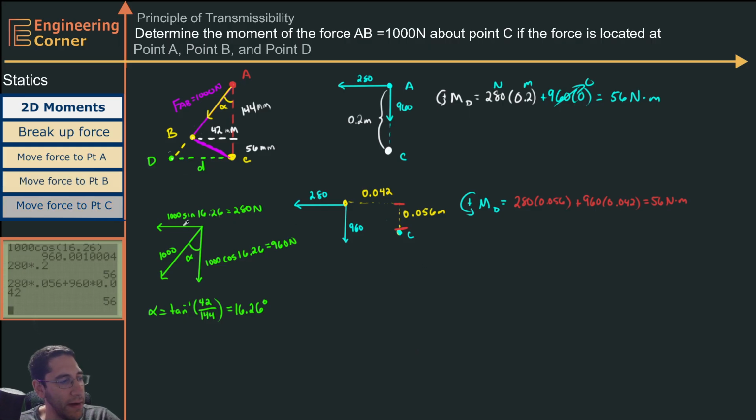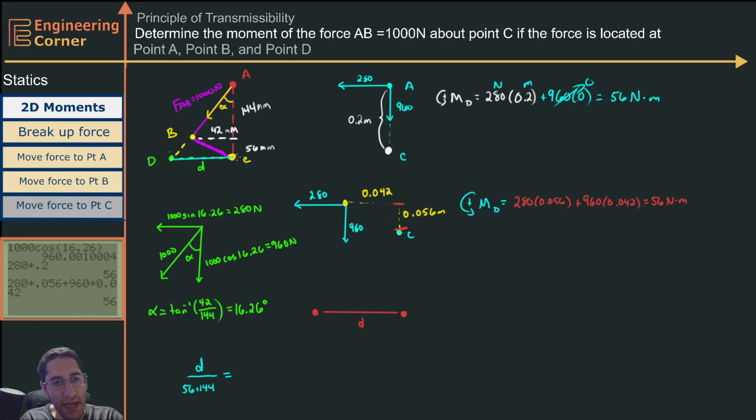All right, so now let's look at point D. I know my scroll bar says C, but this is point D. So point D is directly horizontal to point C, but it's some distance D. Okay, well, a little bit of trig. We have similar triangles. So we have this big triangle right here, and we can say D over 56 plus 144.